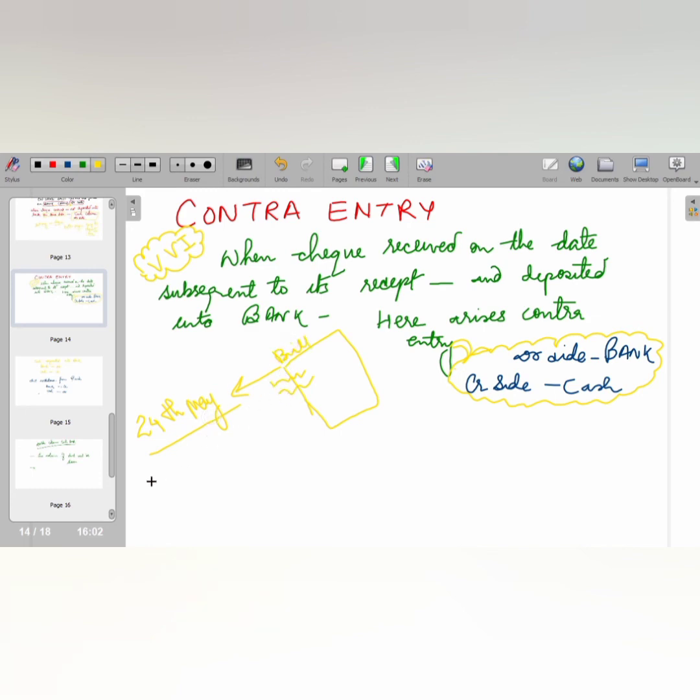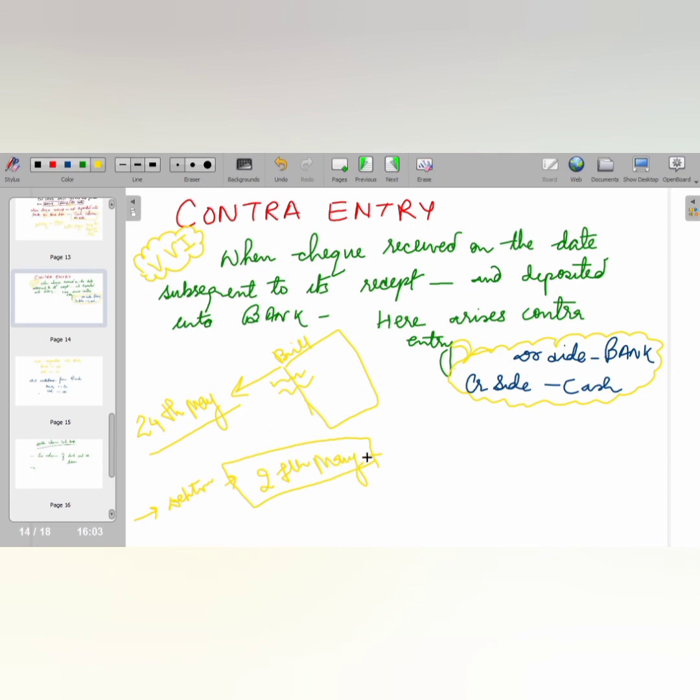But what happened, we did not receive the amount on 24th May due to some reasons, okay. So the debtor says that I will give you money on 27th May, okay. He told me that he is going to give money on 27th May. So what happened, we are receiving the check on the subsequent date, okay.